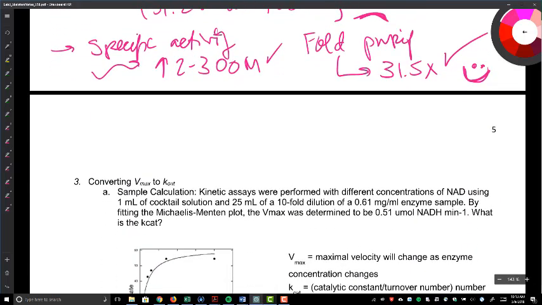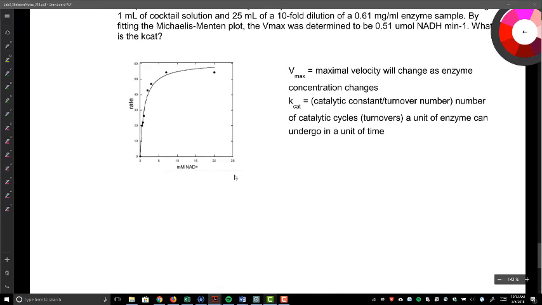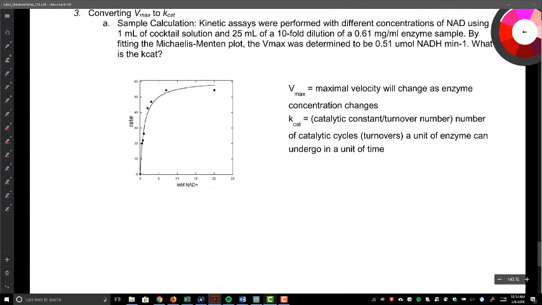The next calculation that I've got to talk about is a complicated calculation. This is something you're going to get stuck on. That's okay. We're going to go over it again in class, and you can come talk to me at office hours. This is the conversion from Vmax to Kcat. In theory, we understand the difference between Vmax and Kcat, and we understand that Kcat is advantageous because it takes out the enzyme concentration component.